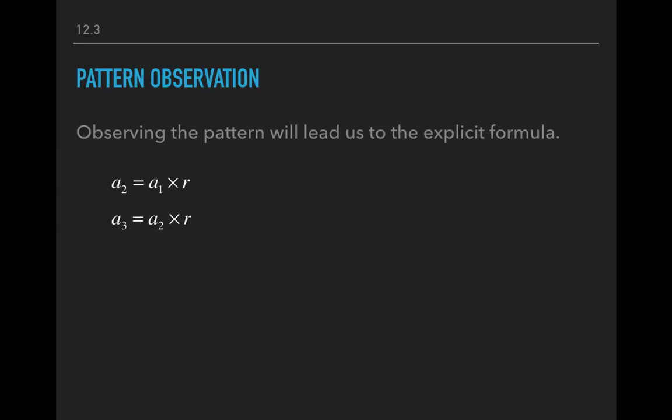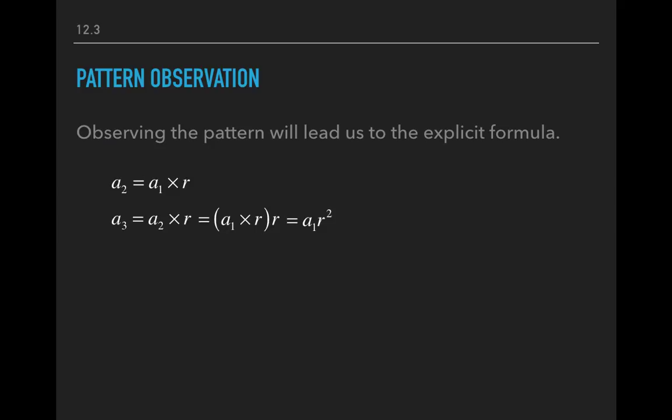But let me remind you, the second term is the first term times the ratio. So I've substituted in what the second term is equivalent to. And now using some exponent properties, r times r is r squared. So really, A3 could be represented as A1 r squared.